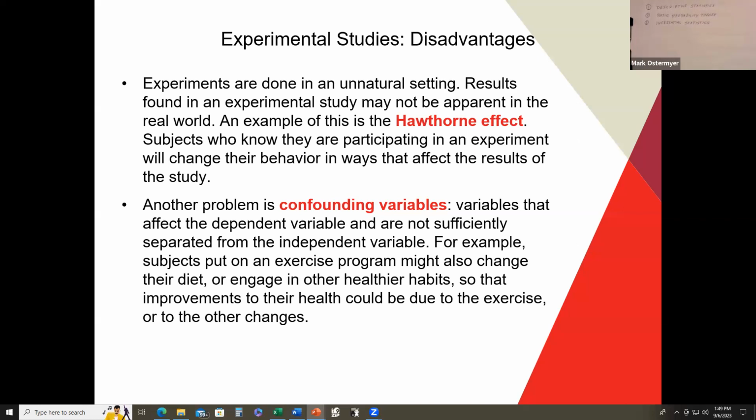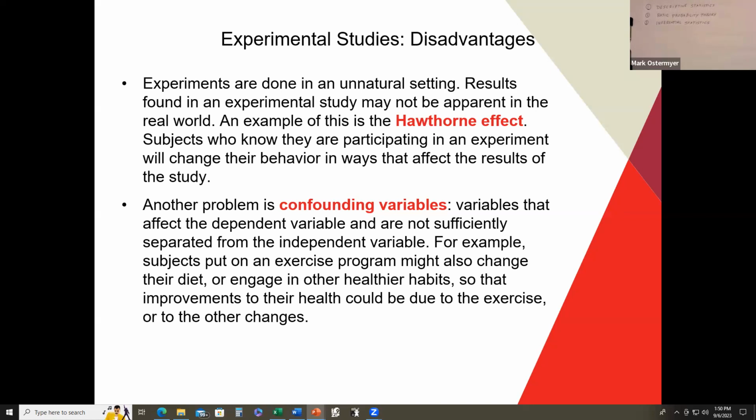For instance, if you were part of a study and you knew you received the pill that has the actual medication on board to, let's say, reduce the duration of a cold, you might be duped into thinking that, well, because I know I received the medicated pill, I should start to feel better. So your mind might actually start to convince yourself that you do feel better, when in fact maybe you don't, because you know that you received the medicated pill. This is called the Hawthorne effect or the placebo effect. That's the problem with an experimental study.